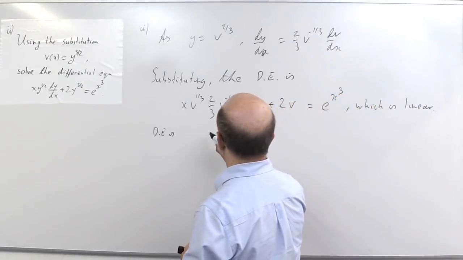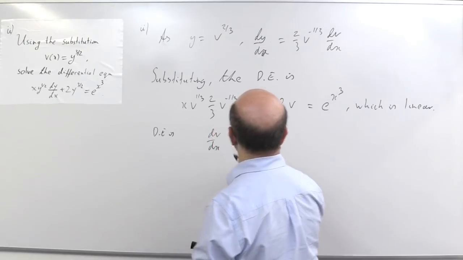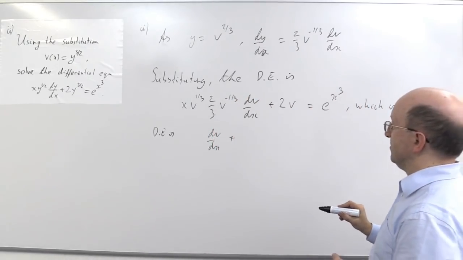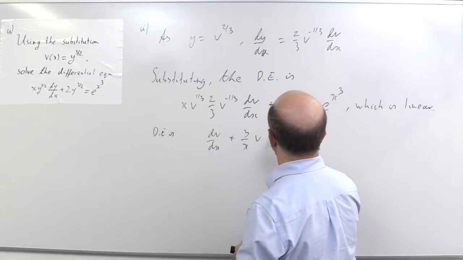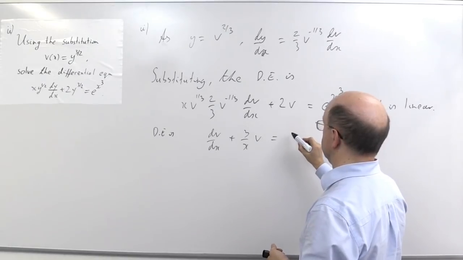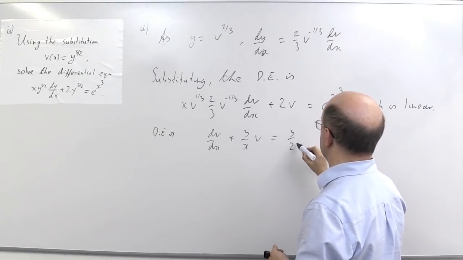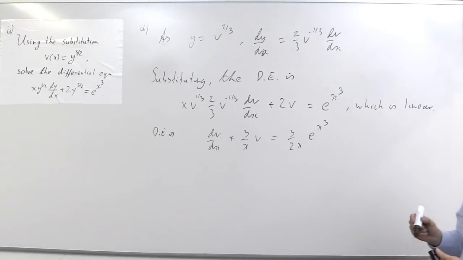What we're going to get is dv dx plus 3 over x times v is whatever we're going to get here, 3 over 2x e to the x cubed.